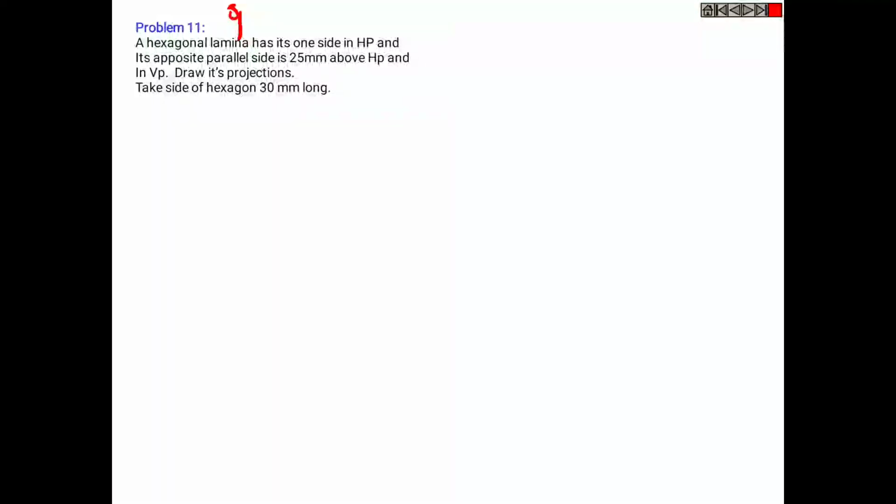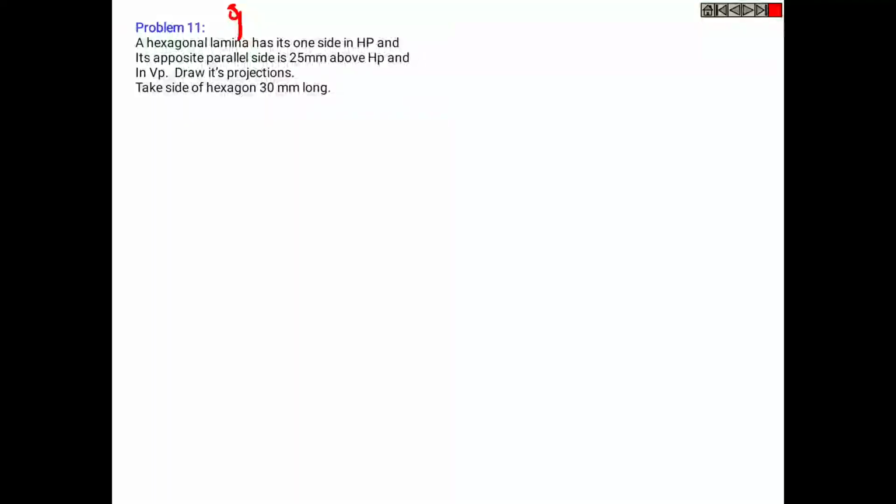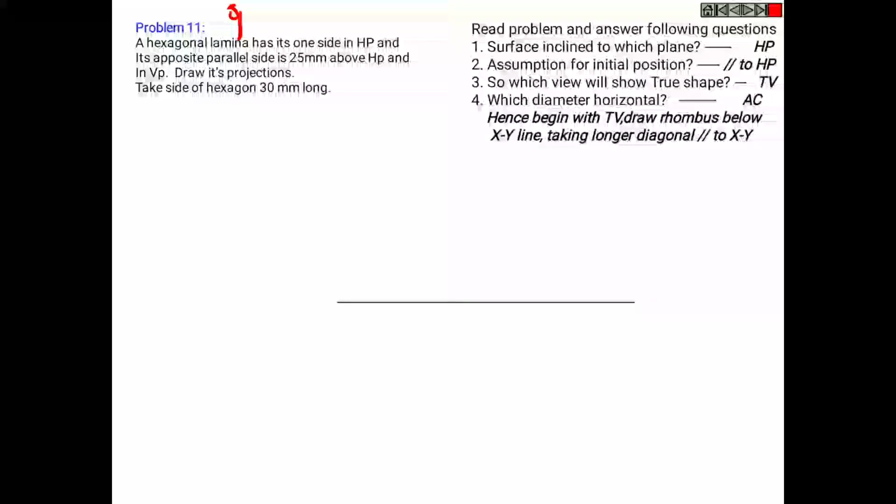So it's telling you that the hexagonal lamina has its one side in HP and its opposite parallel side is 25 mm above HP and in VP as well. So these are the constraints.